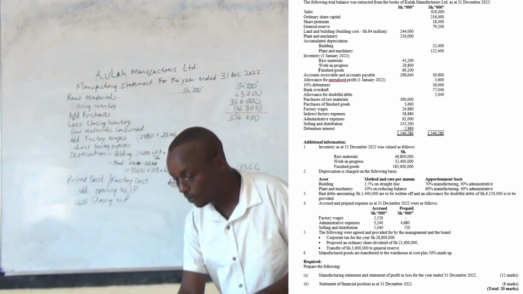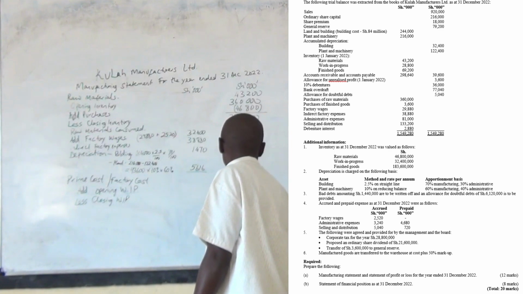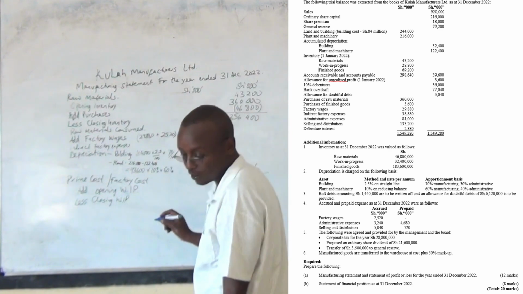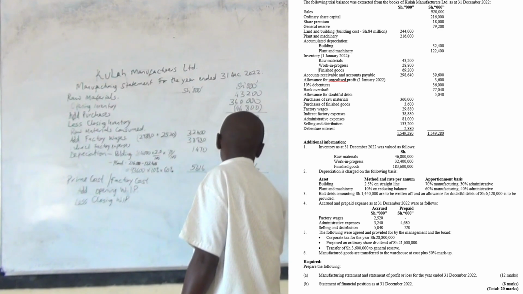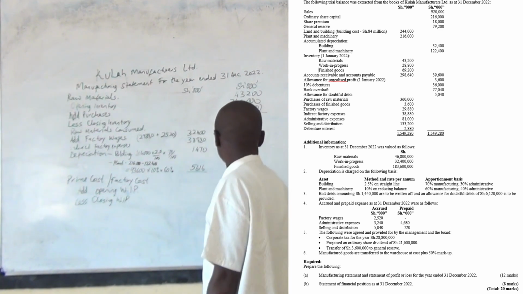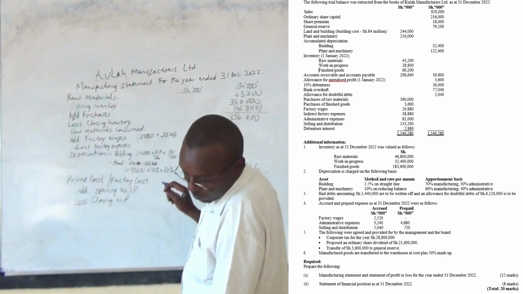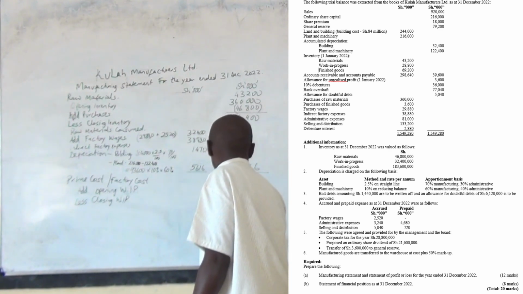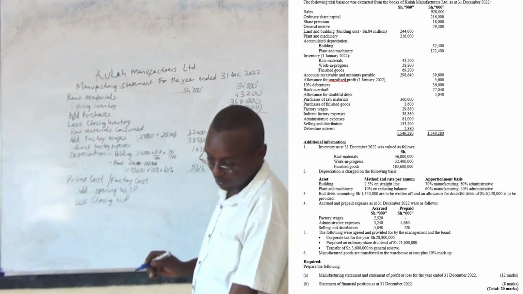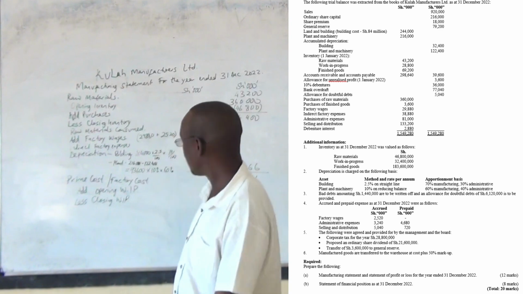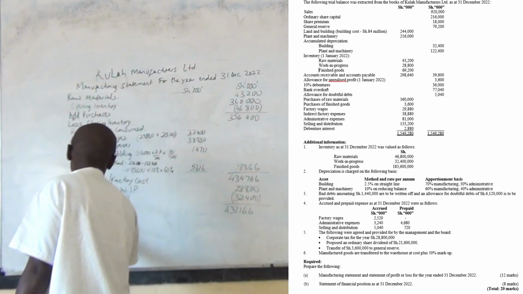Transfer, just put it directly to the last column: 28,800 and 32,400. So this plus this minus this, you get 431,166. This is the cost of production.